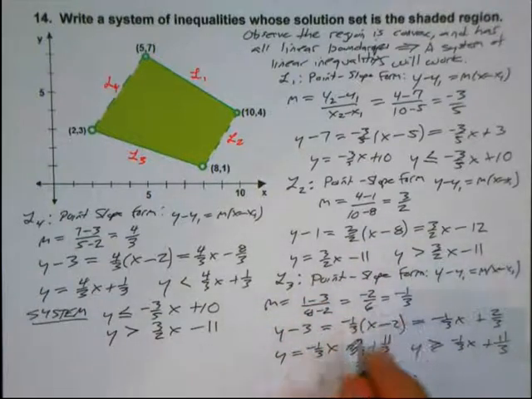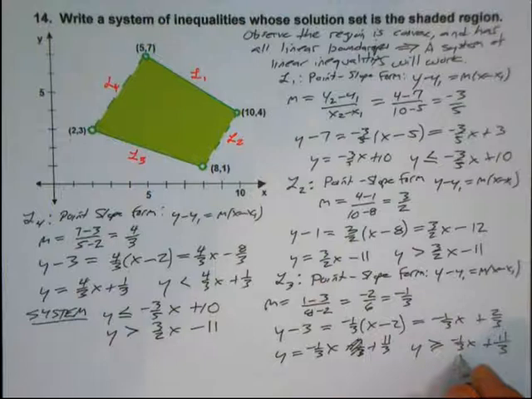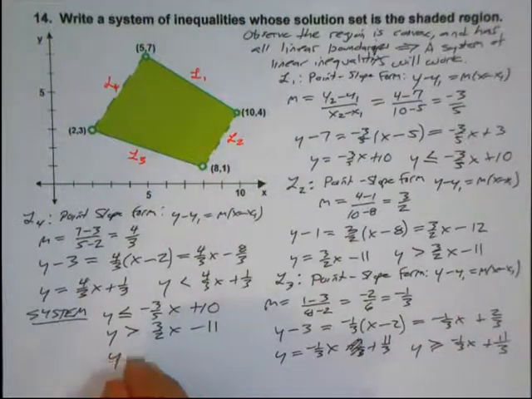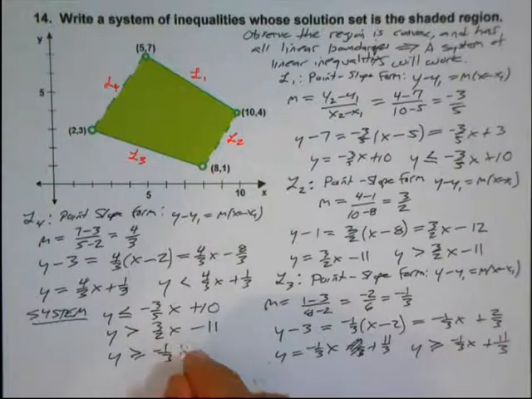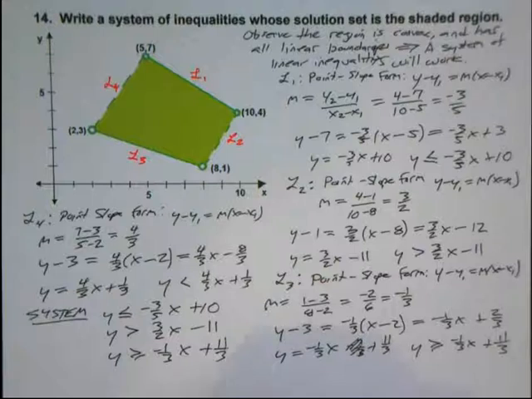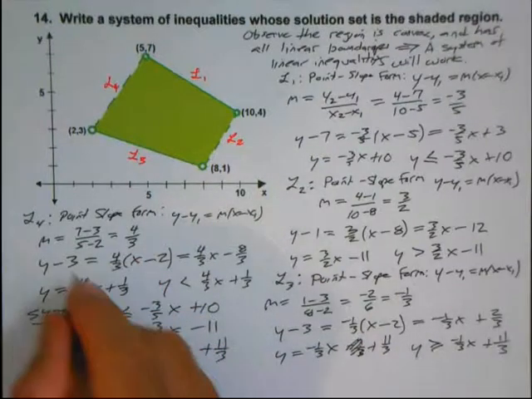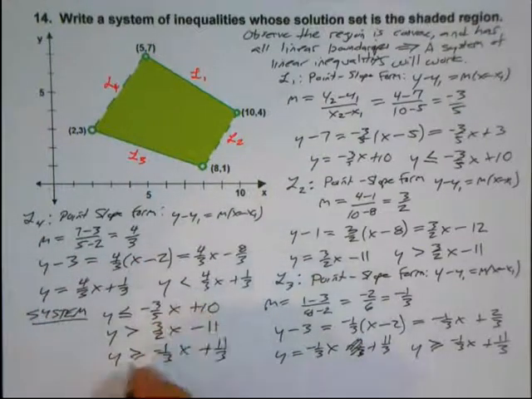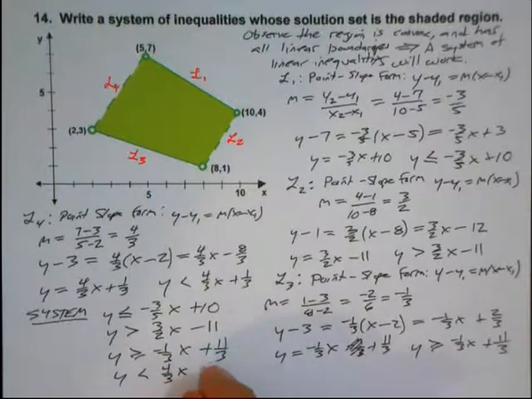The half plane whose boundary is L3, that's here. Y greater than or equal to negative 1/3 x plus 11/3. And fourthly, the half plane whose boundary is L4, and that is y less than 4/3 x plus 1/3.